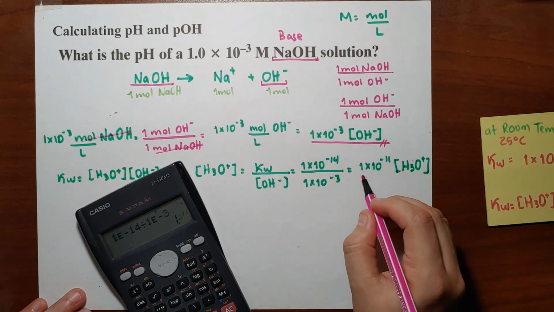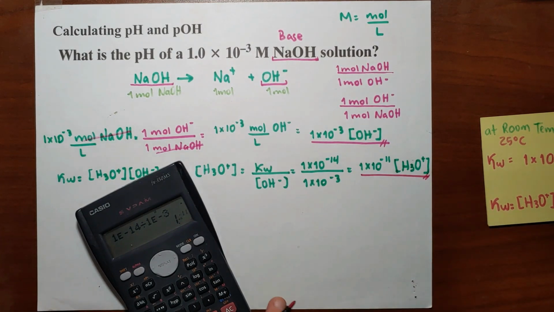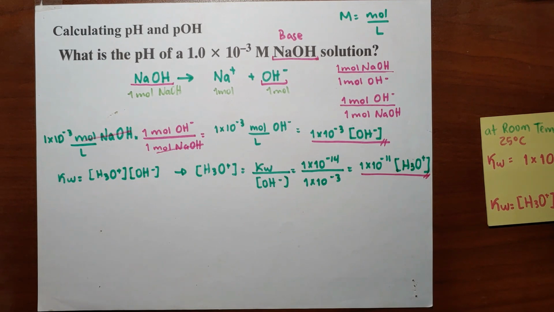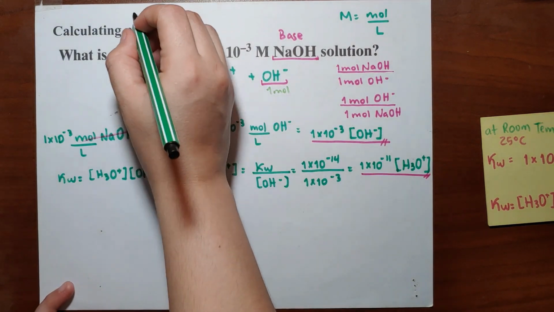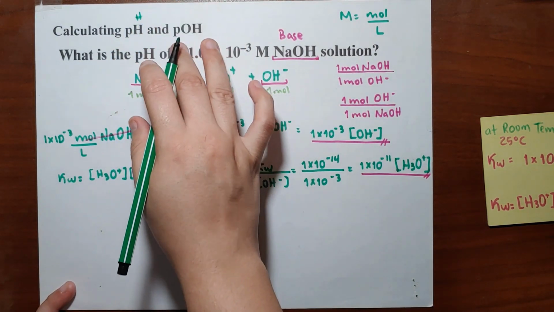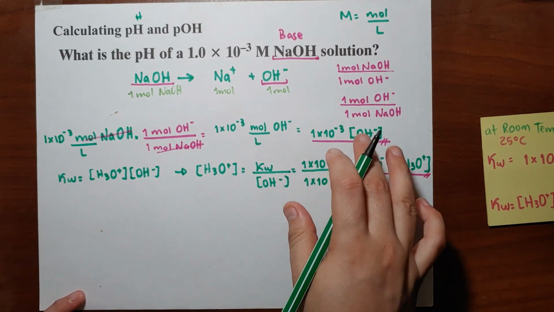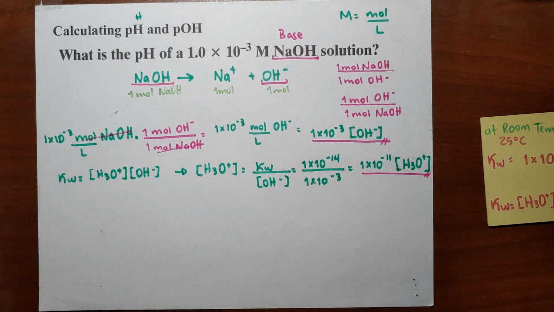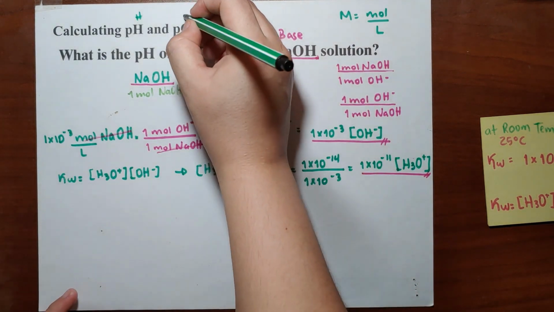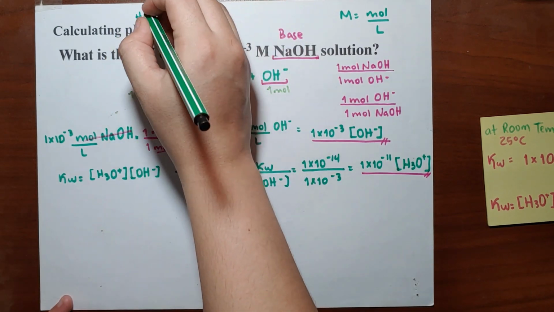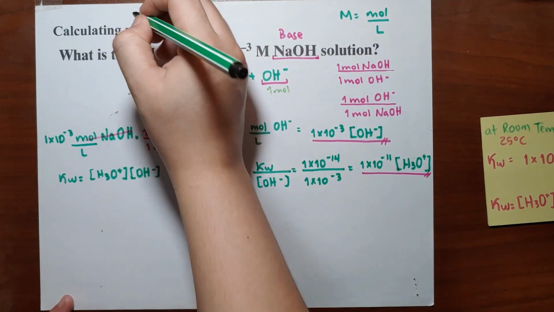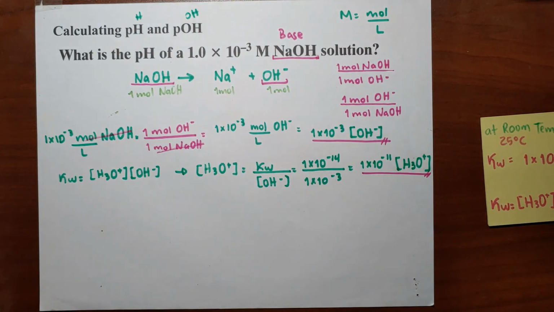Now that we have both concentrations, we can get pH and pOH. pH is related to the amount of hydrogen, and pOH is related to the amount of hydroxide. So for pH, we're going to be using hydronium, and for pOH, we'll be using hydroxide.